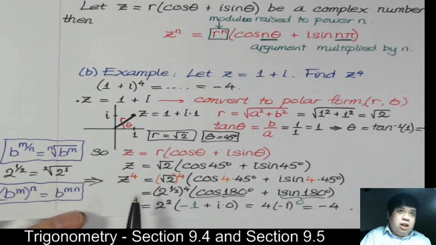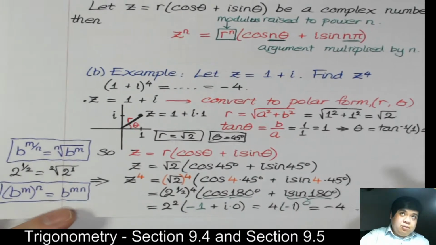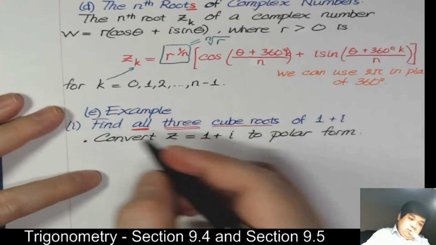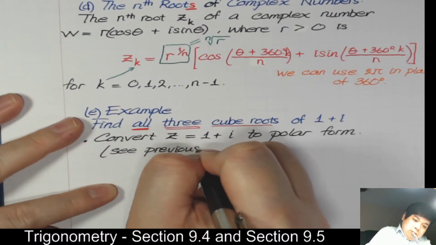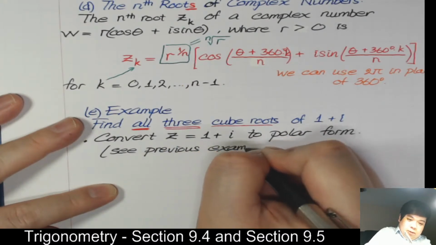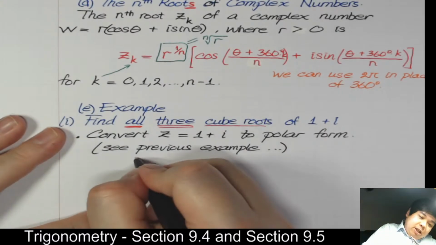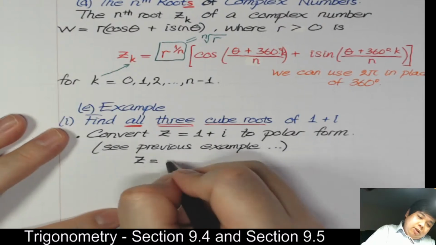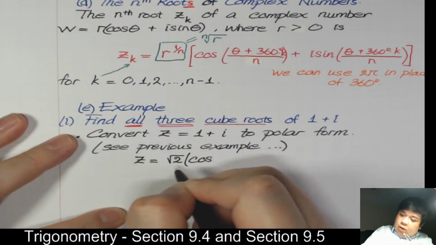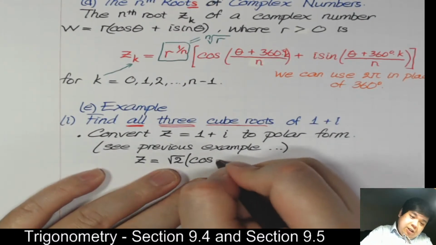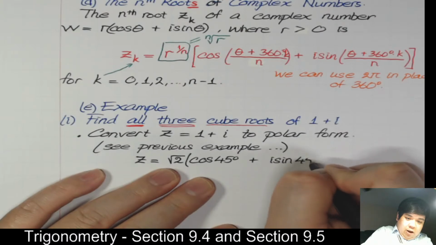Z equal 1 plus i is equivalent to square root of 2 cosine 45 degrees plus i sine 45 degrees. See previous example, and we have z equal to square root of 2 cosine of 45 degrees plus i sine of 45 degrees.